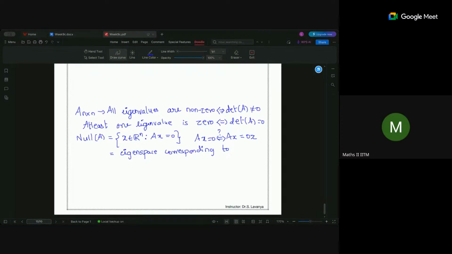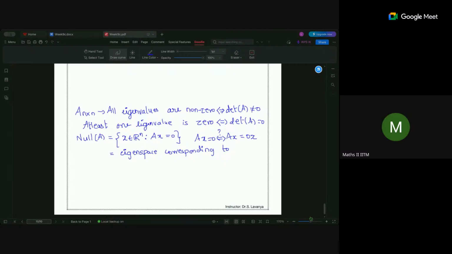I have written Ax is equal to 0x, right? So Ax is equal to 0 is the same as Ax equal to 0x. So with respect to which eigenvalue is this an eigenspace? This is a collection of eigenvectors corresponding to.